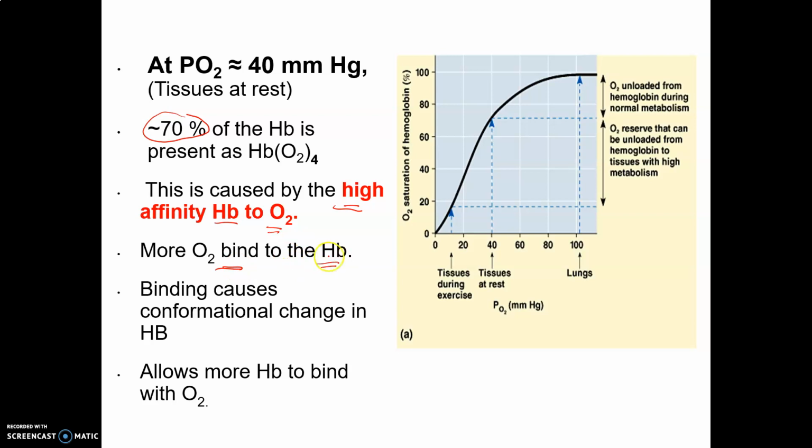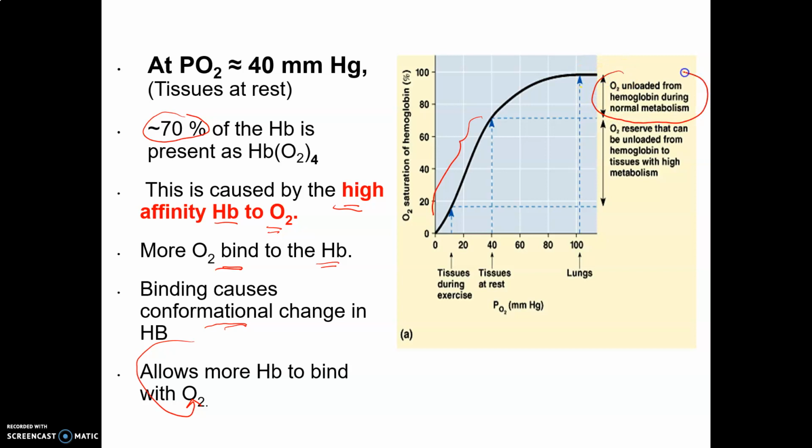Bila satu oksigen bind dekat satu subunit, that causes the conformation changes in the hemoglobin. Hence, lagi more oksigen akan bind dekat hemoglobin lah. That's why 70% akan bind dengan hemoglobin. Lagi 30% tadi dia akan digunakan. The rest of 30% is unloaded.